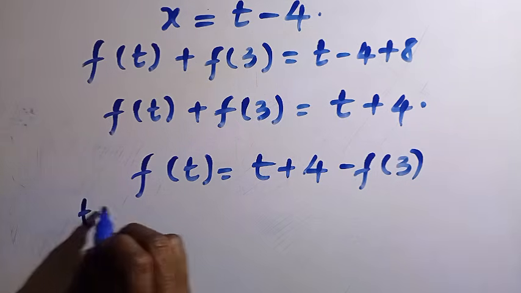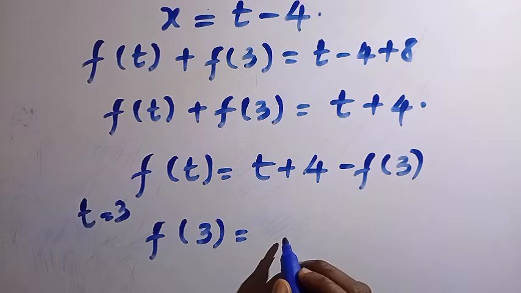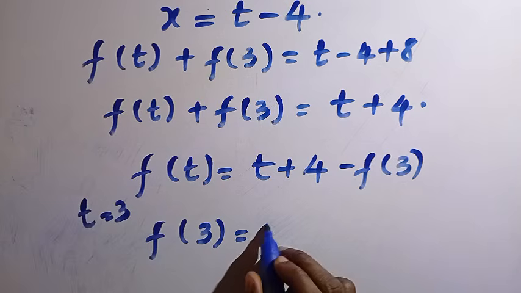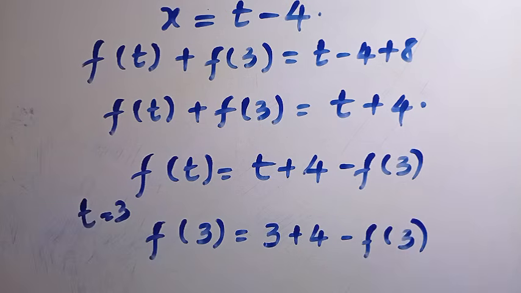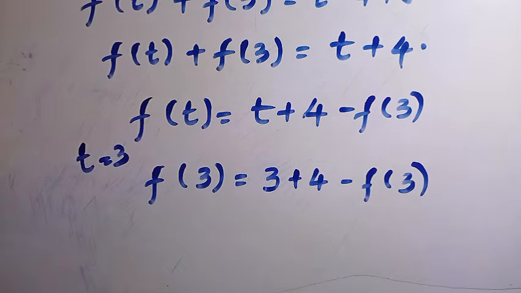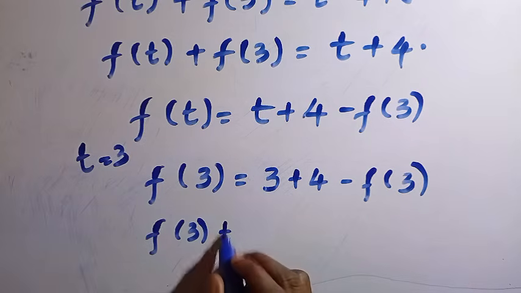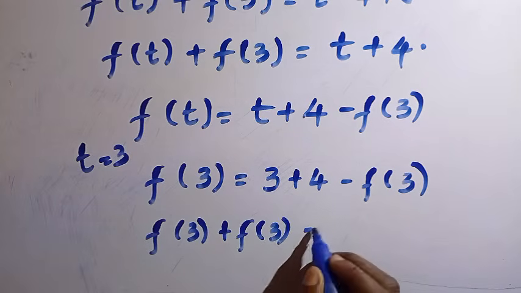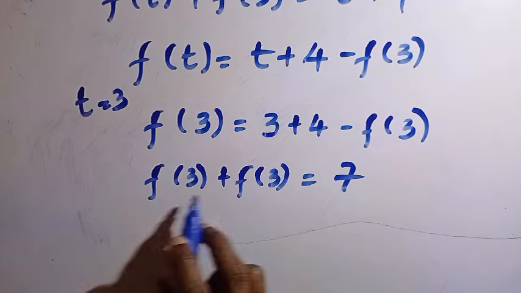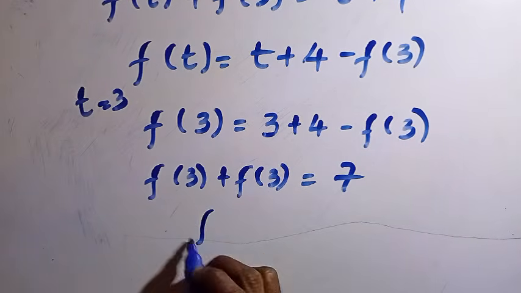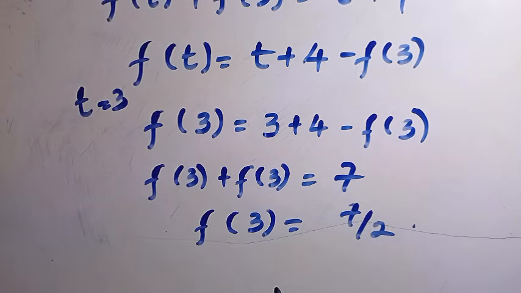If I take t equal to 3, we have f of 3 equals 3 plus 4 minus f of 3. And then we have f of 3 here as well. We take it to this side, and this gives us 2f of 3 equals 7. Just as we did earlier, we divide both sides by 2. We have f of 3 equals 7 over 2.